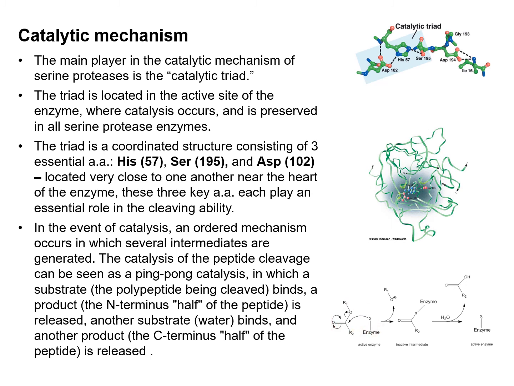Then a product, especially the N-terminal half of the peptide, is released from the complex, and another substrate, water, binds to the enzyme and then releases another product, which is the C-terminal half of the peptide.